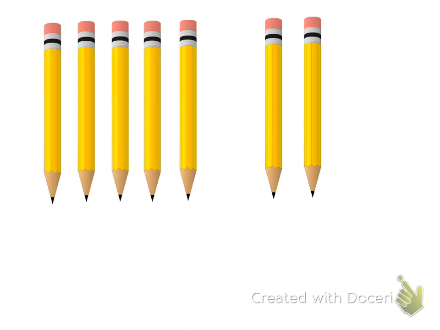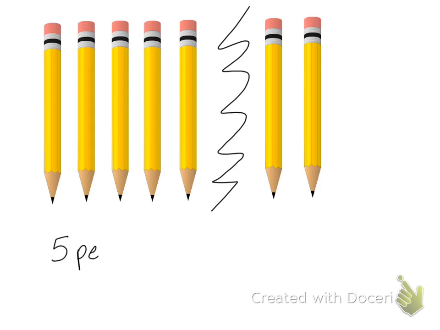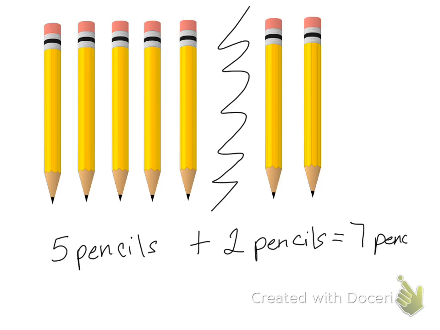So what I did was a some more story. And the way I'd write my number sentence would be 5 pencils plus 2 pencils equals, how many do I have total? 7 pencils.